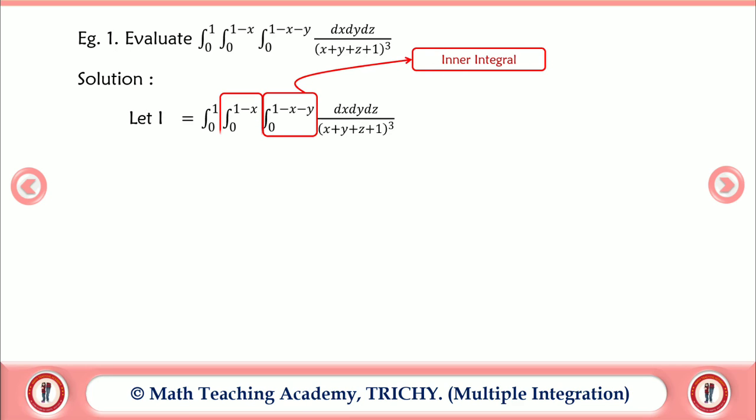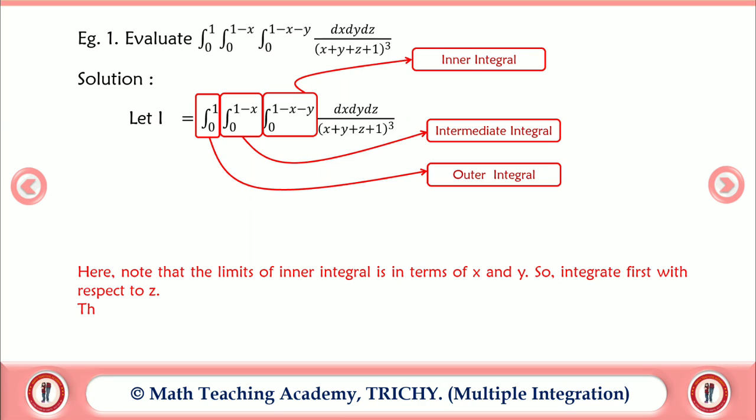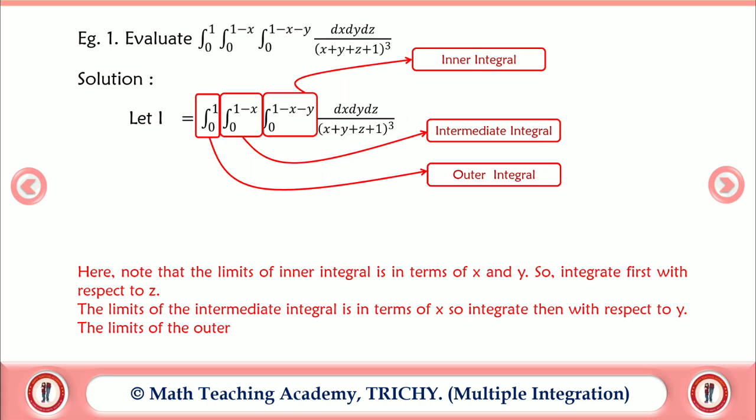Here this is the inner integral, this is the intermediate integral, this is the outer integral. Here note that the limit of the inner integral is in terms of x and y, so integrate first with respect to z. The limit of the intermediate integral is in terms of x, so integrate then with respect to y. The limit of the outer integral is constant, so finally integrate with respect to x.